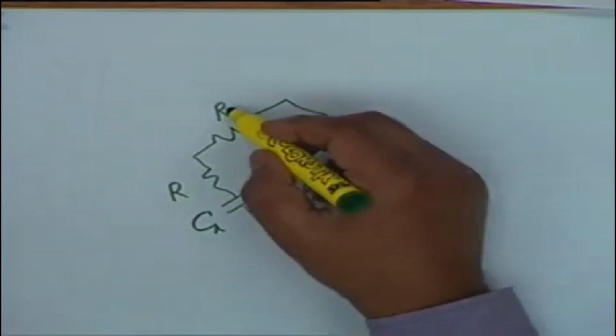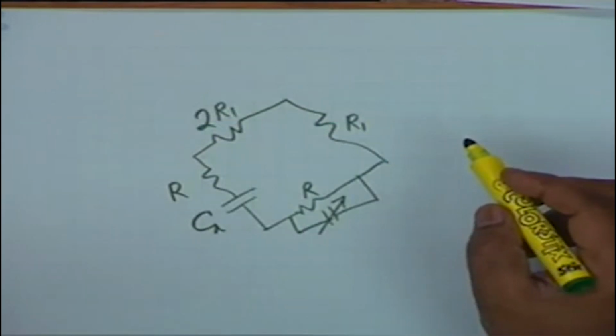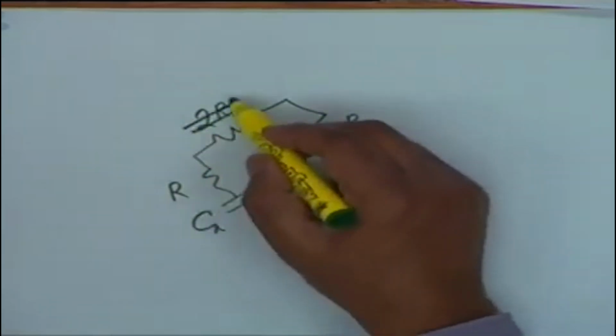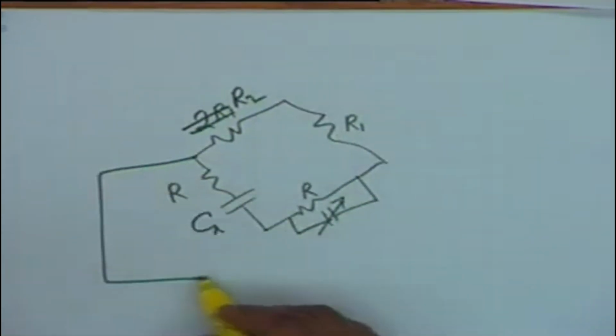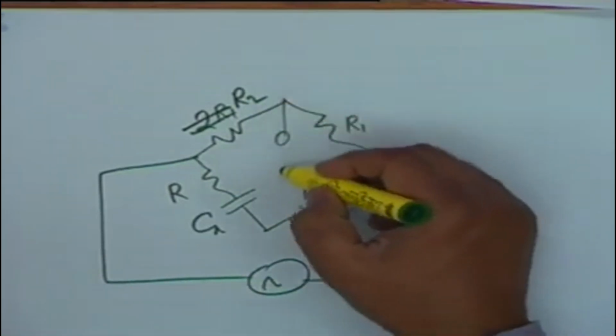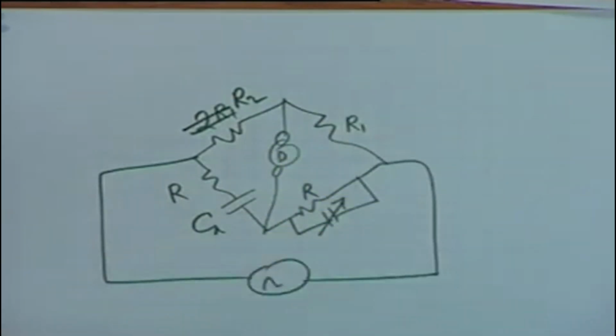No, 2R1, well, let us call it R2 and R1, all right. The source is somewhere here and the detector is somewhere here.